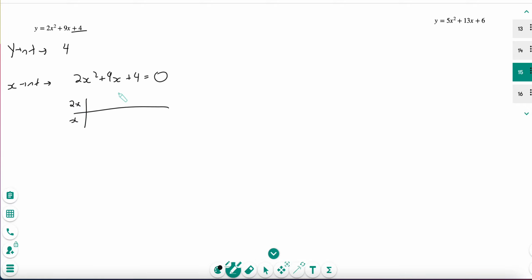Here, sketch this out. All right, so the y-intercept is the constant, so it's 4. For the x-intercept, get our equation and set it equal to 0. It's a quadratic, and we have to solve it. To solve a quadratic, you must factorize. Perfect, that matches.